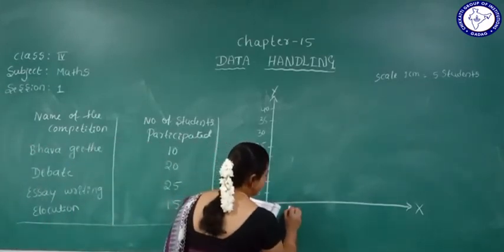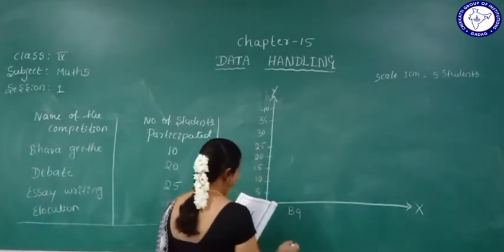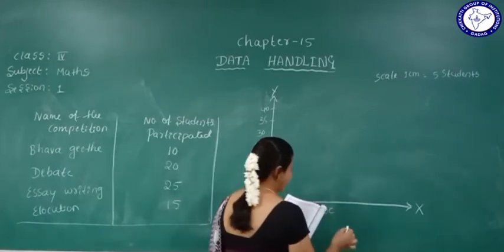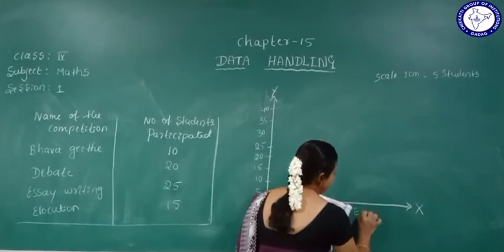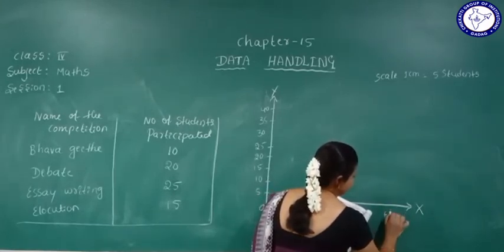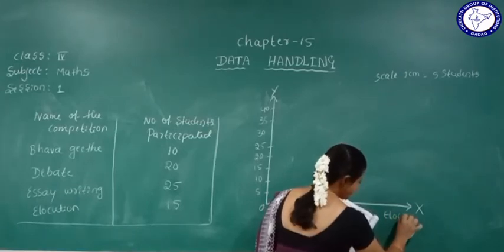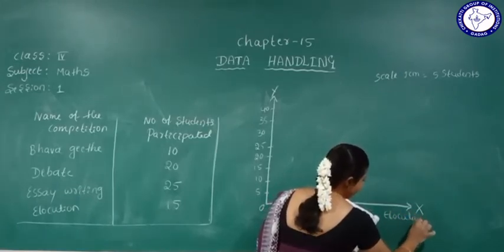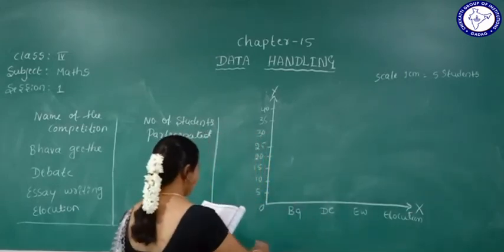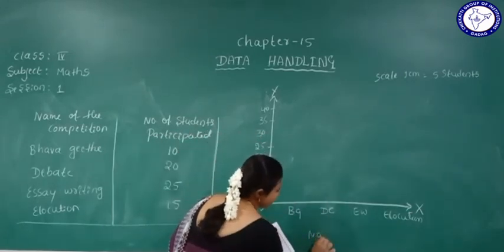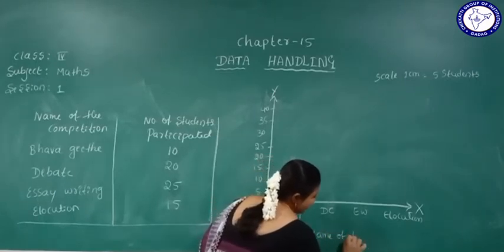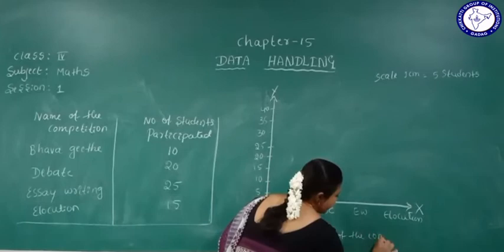First we'll write Bhavagite. Next, debate competition, next essay writing, next elocution. So these all are the names of the competitions, and we will write them here.